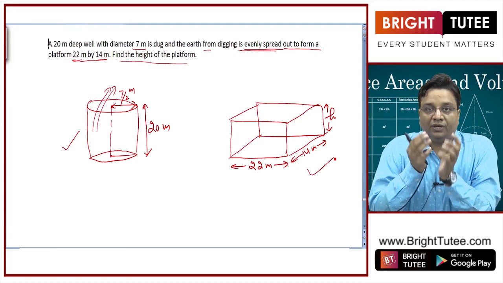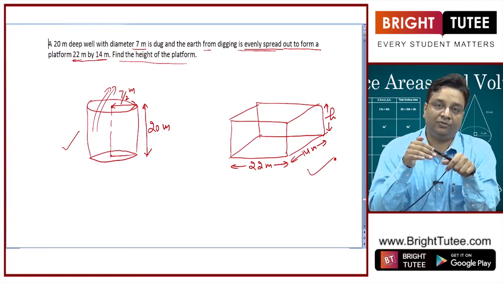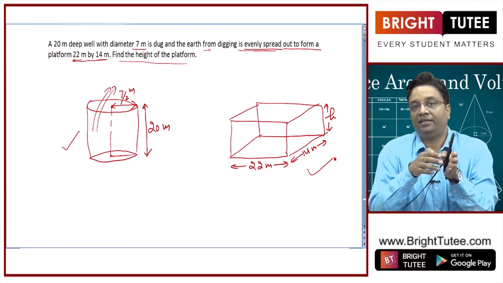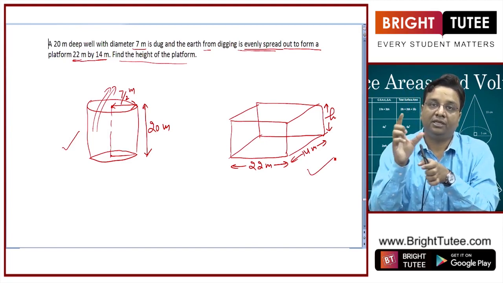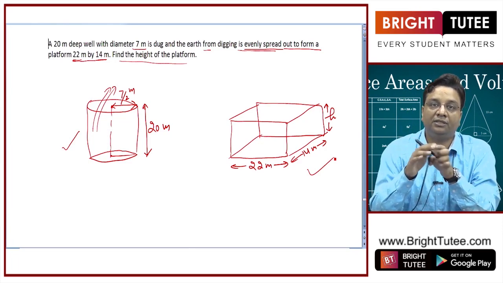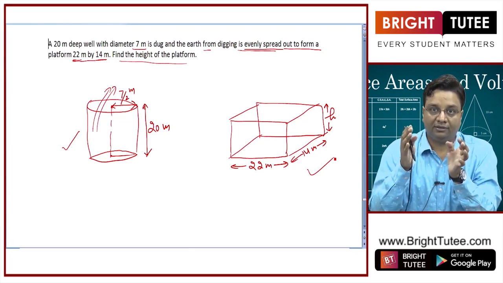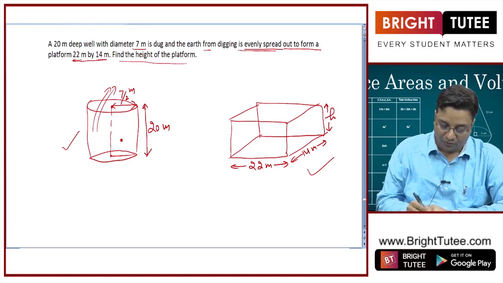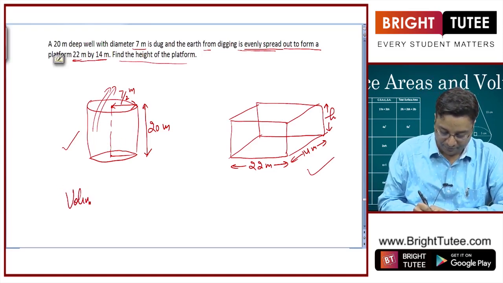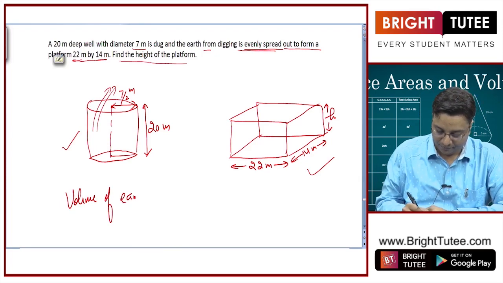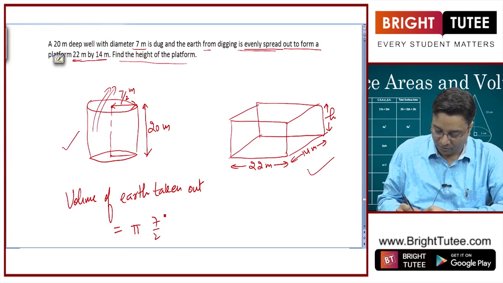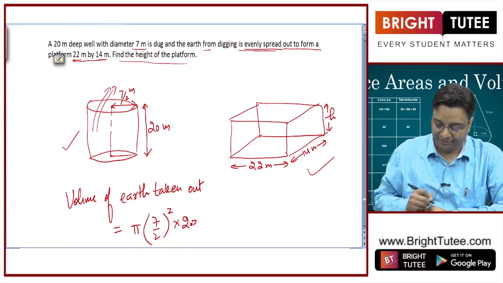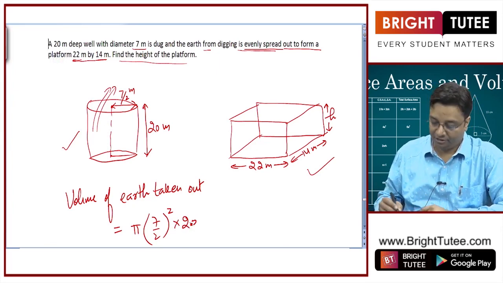So if the earth from the cylindrical well is used to make a platform of cuboidal shape, what will remain constant in this process? The volume of the earth that is taken out, right? So volume here is equal to pi radius square into height, in meter cubes.